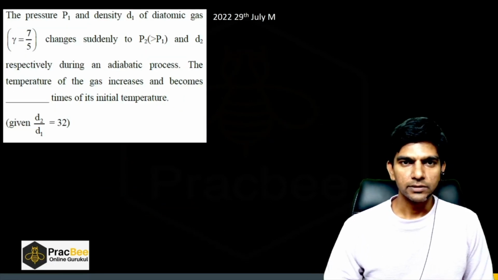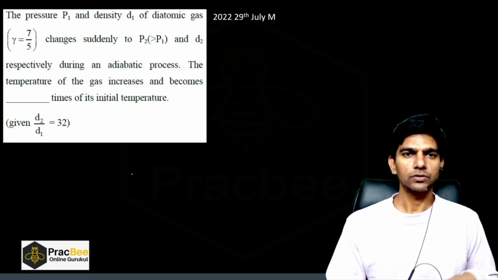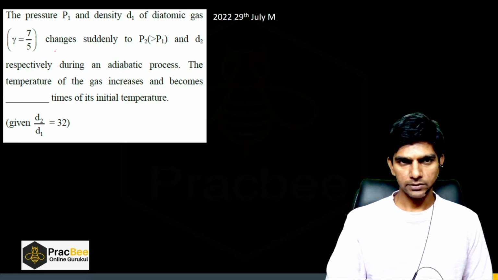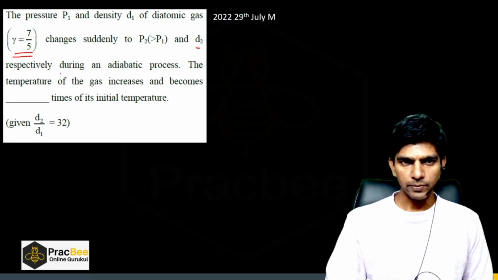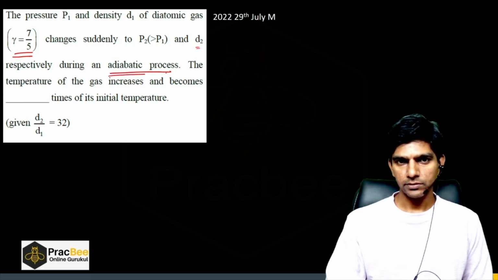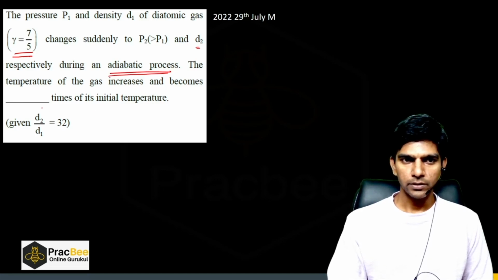Right, so now let us see another question. The pressure P1 and density D1 of a diatomic gas, where gamma value is given, changes suddenly to P2, where P2 is greater than P1, and density becomes D2 respectively during an adiabatic process. So it's an adiabatic process. The temperature of the gas increases and becomes a dash times its initial temperature.